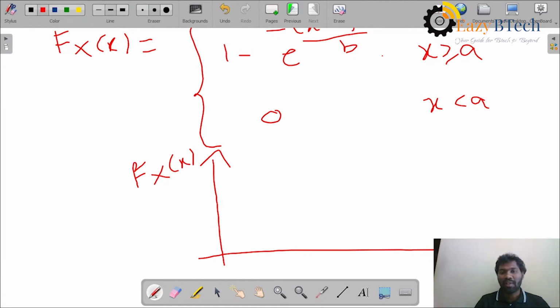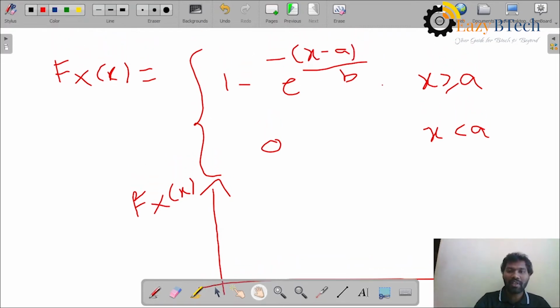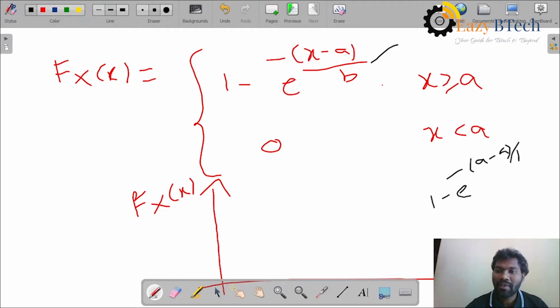As you know, if you put x equal to a, it starts with 1 minus e power minus of (a minus a) divided by b. That means 1 minus e power 0, which is 1 minus 1, equal to 0.